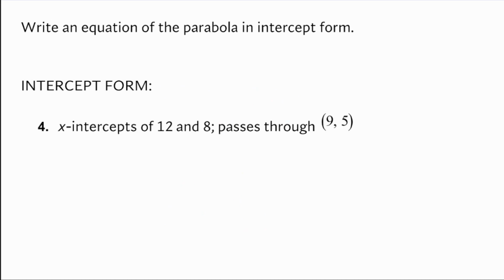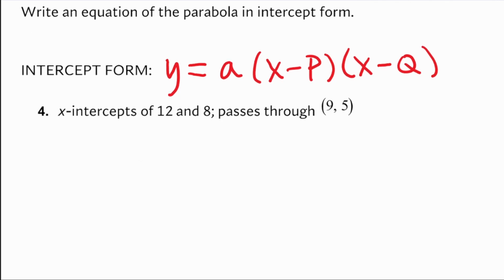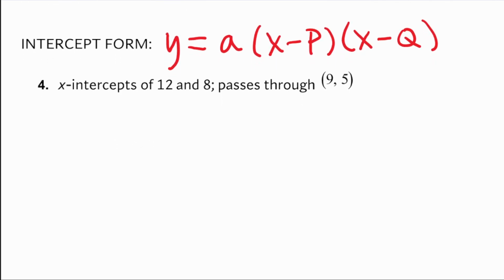The next page looks like we've got some intercept form problems. So we need to remember that intercept form is y equals some number a times x minus p times x minus q, where p and q are the zeros. They're the x-intercepts. So we've got x-intercepts at 12 and 8, and it's passing through this other point. We're going to approach this the same way.